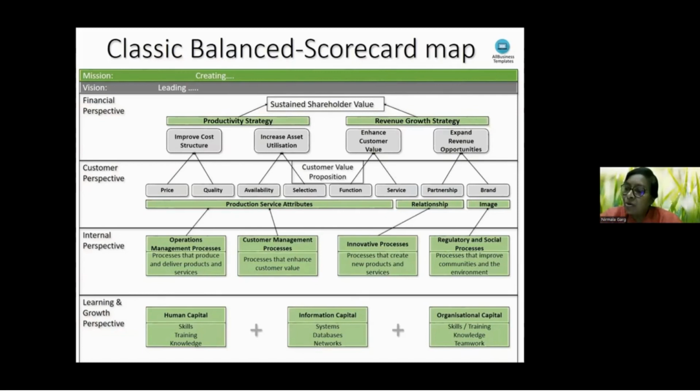So all these things which are hard numbers, right? That's how you measure. Supposing I want to measure the customer perspective, how do you measure? Customer is typically market share, number of products, number of old products, number of new products, new market shares, virgin areas. So it's all about the market.